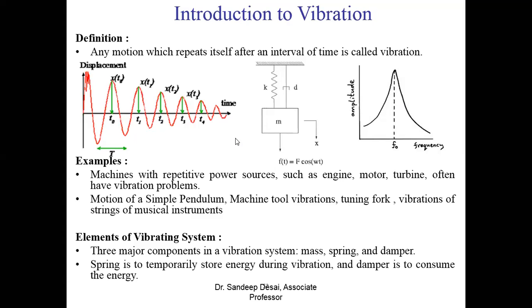Now, some examples of vibratory systems are machines with repetitive power sources such as engine, motor, turbine. Even otherwise, you can observe the sound that telephone wires create when you are passing by. Telephone wires also vibrate when wind flows over them.